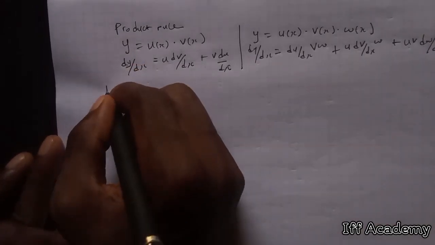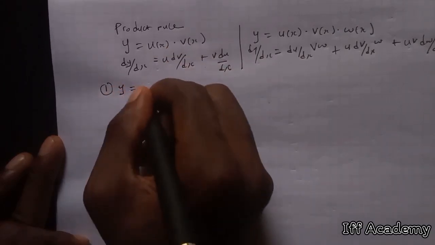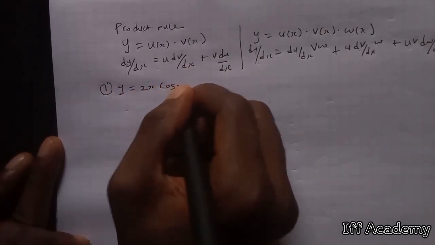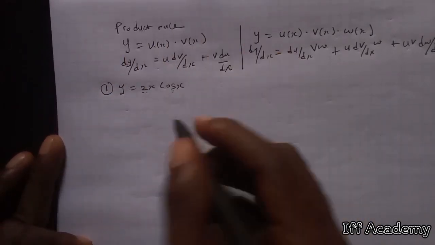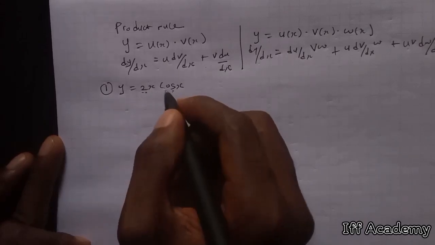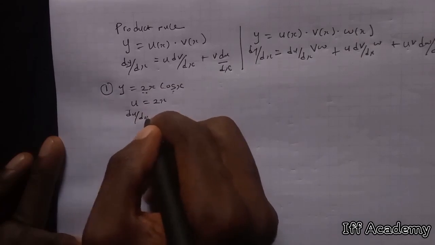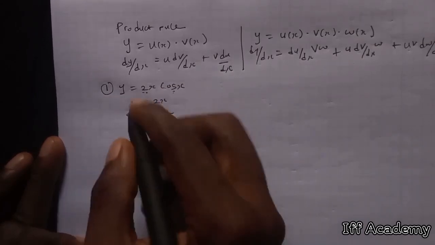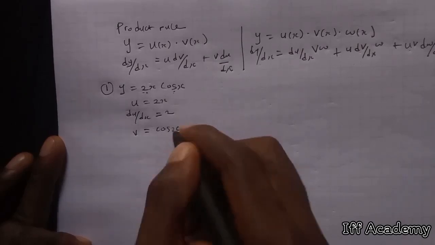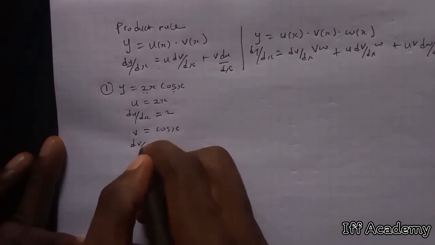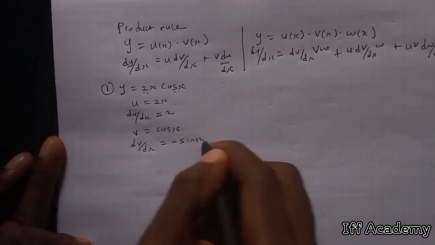So the first example we have is y is equal to 2x cos x. So you're having two functions being multiplied together. So we use what? The product rule. So this is your u of x and this is your v of x. So you say u is equal to 2x, du over dx is 2. v is equal to cos x, dv over dx is minus sine x.